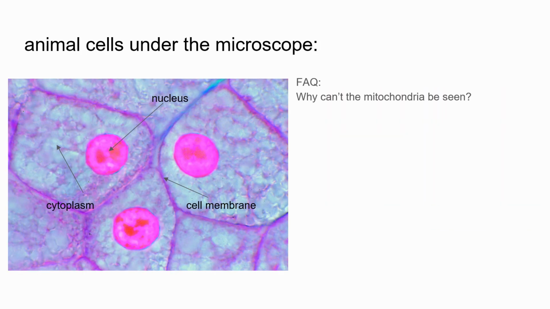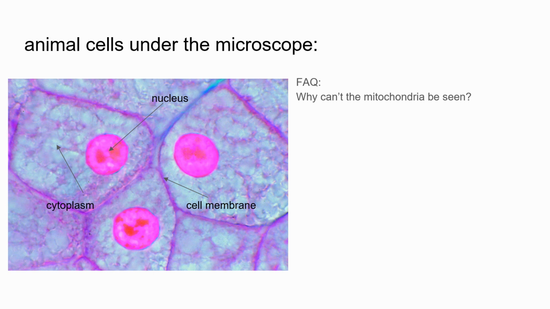So this is an animal cell under a light microscope. As you can see, there's the nucleus, the cell membrane, the cytoplasm. But you might ask, hey, where's the mitochondria? You said most cells have mitochondria. Because this is a light microscope, you can't see them directly, because you would need to stain them to see them in detail.